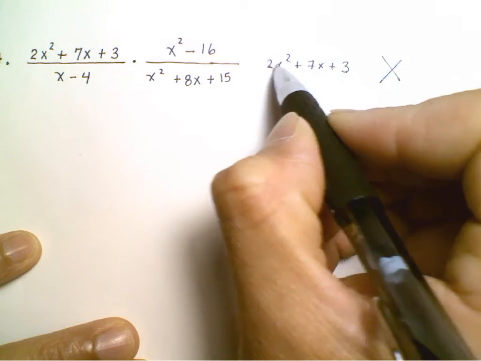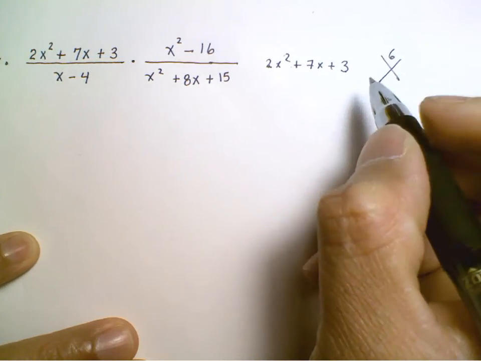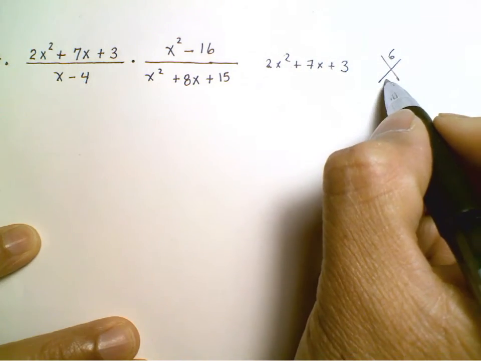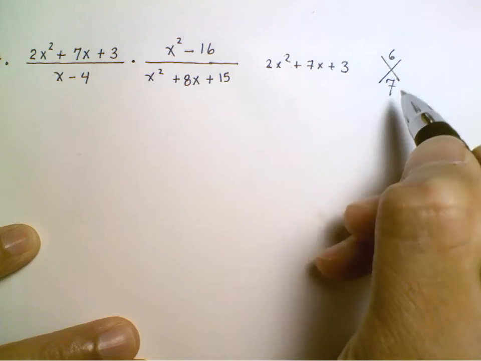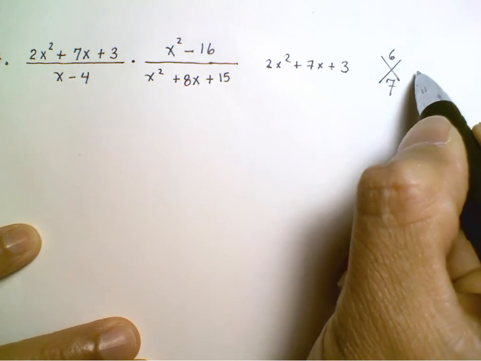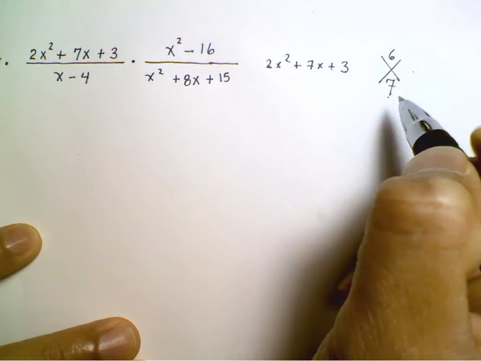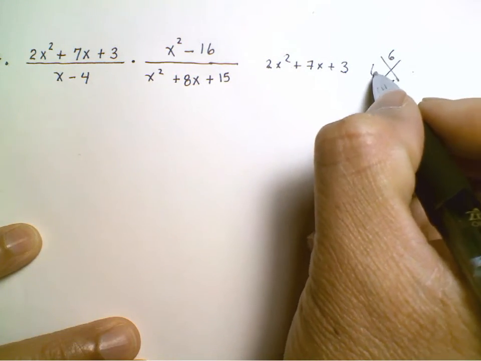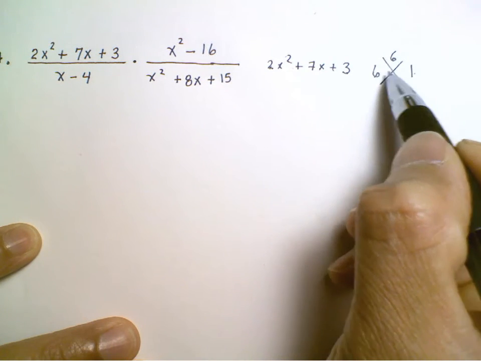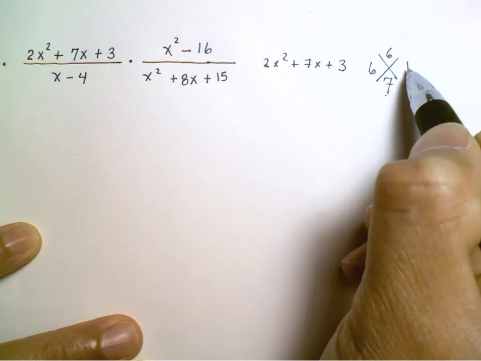So 2 times 3 is 6. And then the middle term will go at the bottom part of the X. Then I need two numbers that multiply to give me 6, and if you add them, will give you 7. So I'm thinking 6 and 1. 6 times 1 is 6. 6 plus 1 is 7.